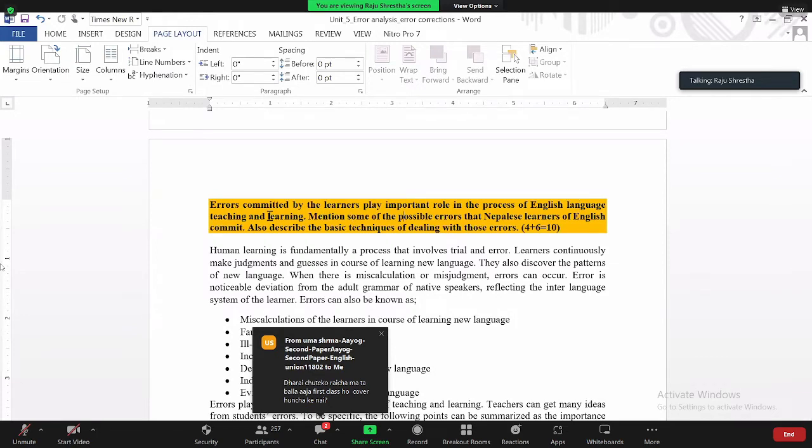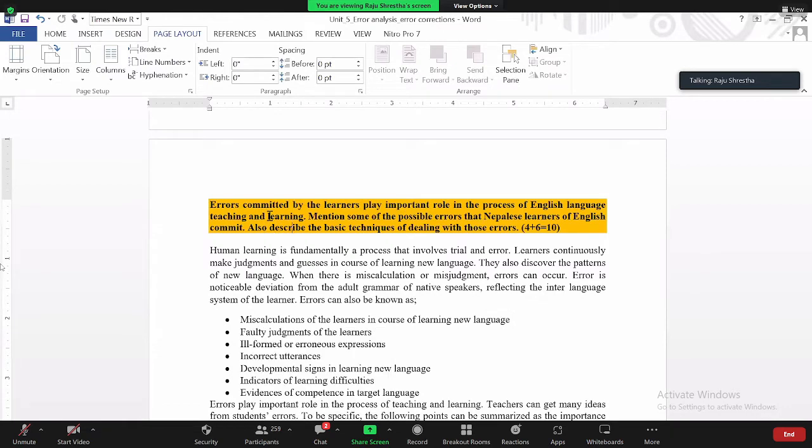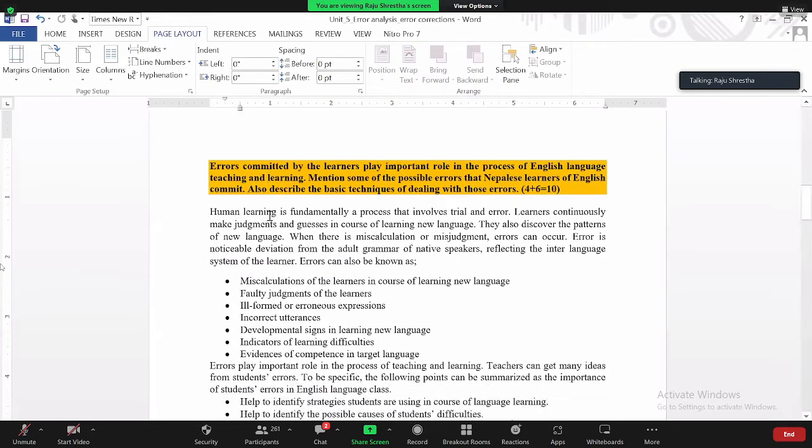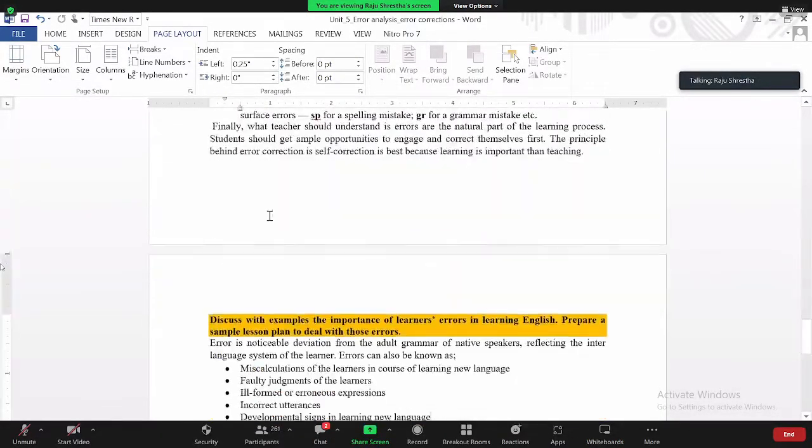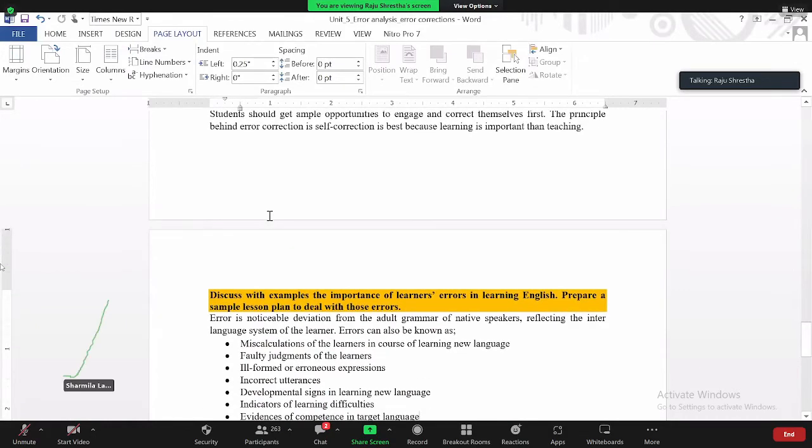Mention some of the possible errors that Nepalese learners of English commit. Also describe the basic techniques of dealing with those errors. Next question: discuss with examples the importance of learners' errors in learning English. Prepare a sample lesson plan to deal with those errors.